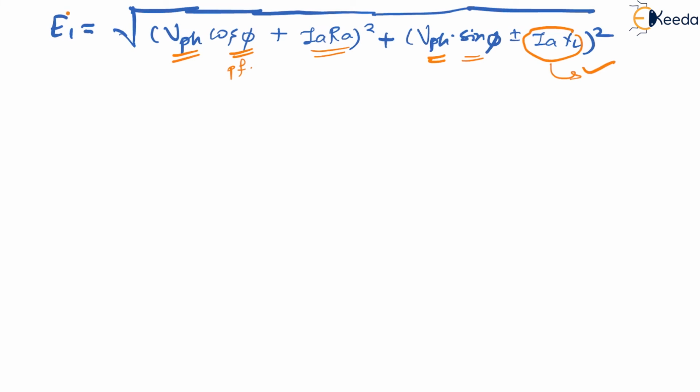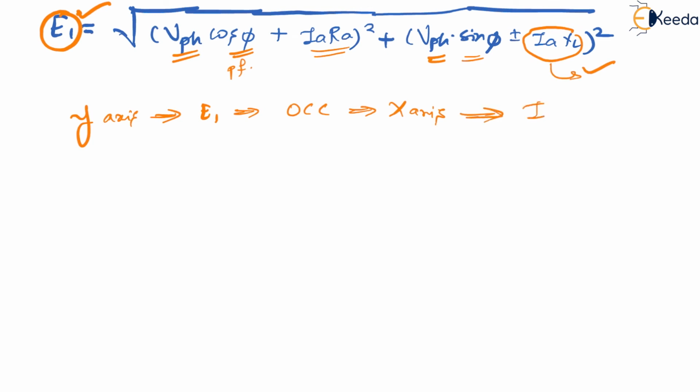Now once you get this E1 value, what are you supposed to do? Please go to the y-axis and check where that E1 is. For example, if E1 is 100 volts, try to see where 100 volts is. Then locate that E1 on your OCC, and from that OCC go to the x-axis and check what the field current is at that particular value.